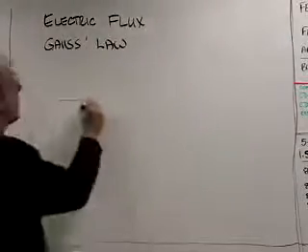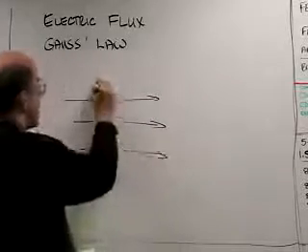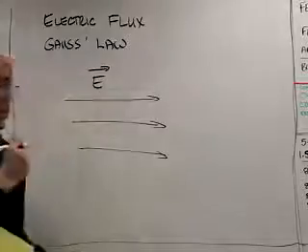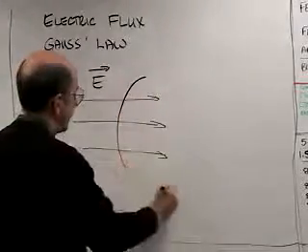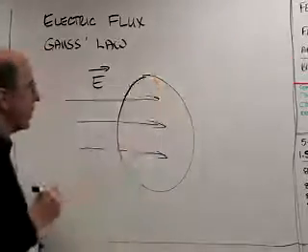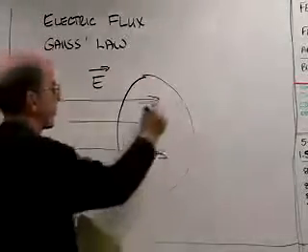Let's suppose we have an electric field, E, that's going through space, and we define some surface, which I'll draw just here as a circle, so that the electric field lines go through that surface.